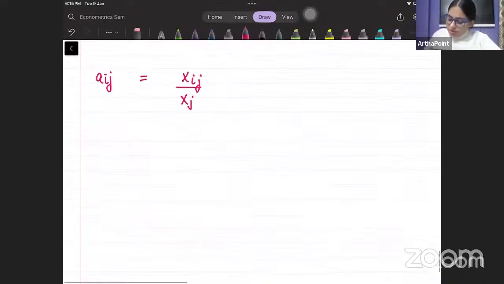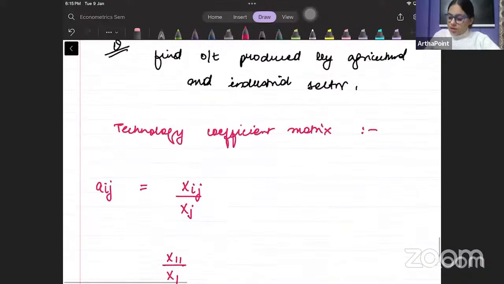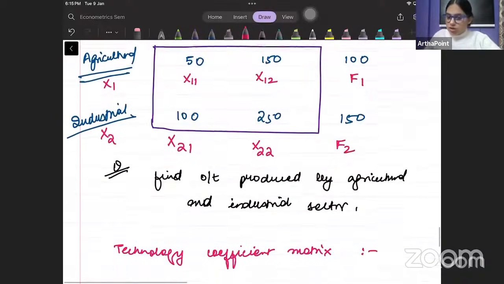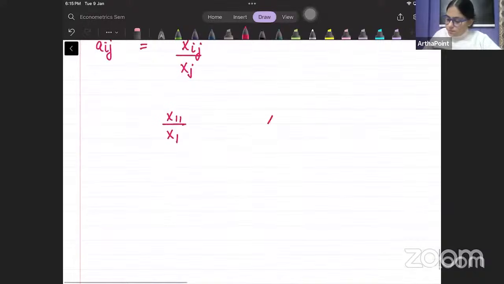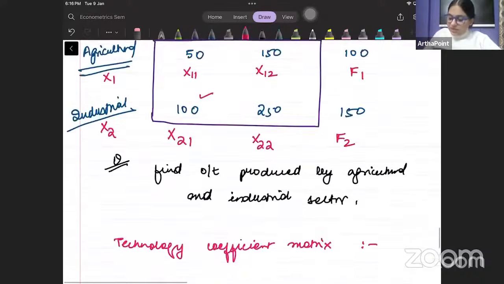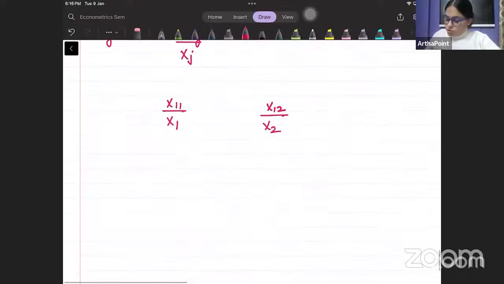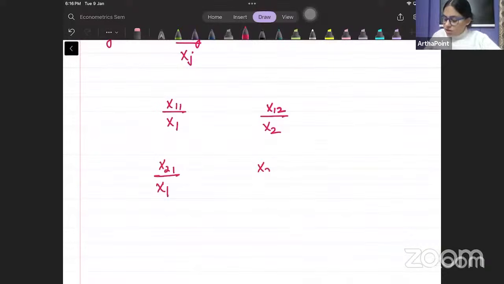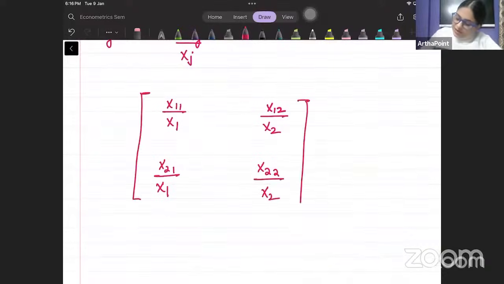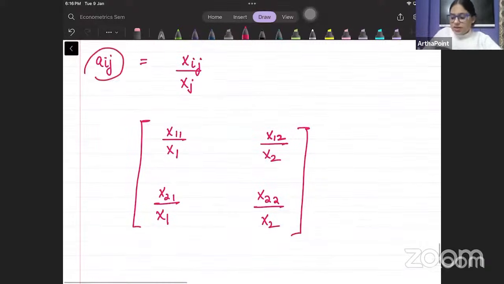So Xij by Xj will mean X11 by X1. Here I have X12 now, so X12 by X2. But here I have X21 now, so X21 by X1. And this will be X22 by X2. So I have divided this and formulated Aij.